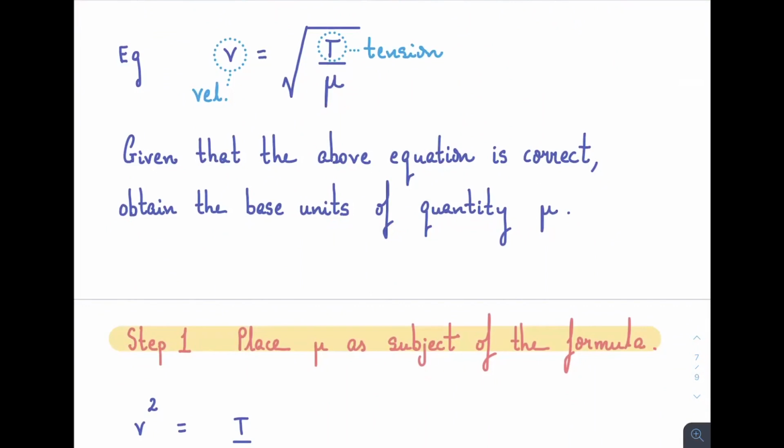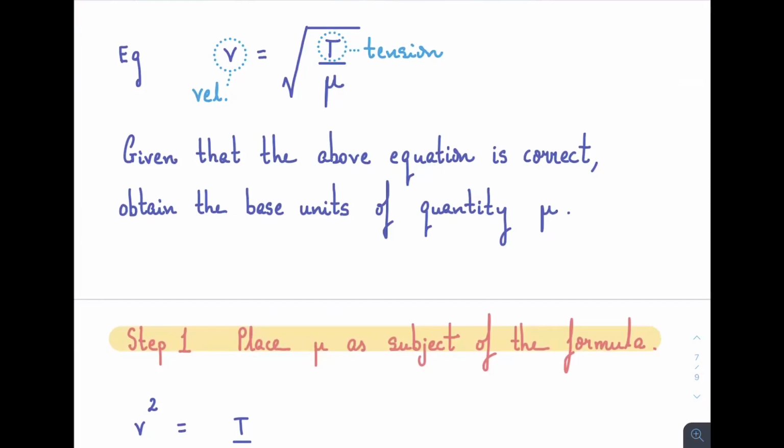So we're given that V means velocity, capital T is a force, tension, and we're given that the equation is correct. What does it mean? It means that we can assume that the units on both sides of the equation are the same. And the question is asking us to find the units for the unknown quantity symbol mu, whatever it means.